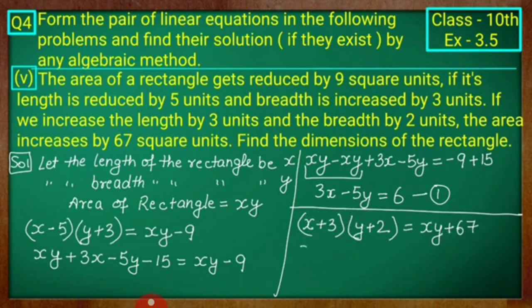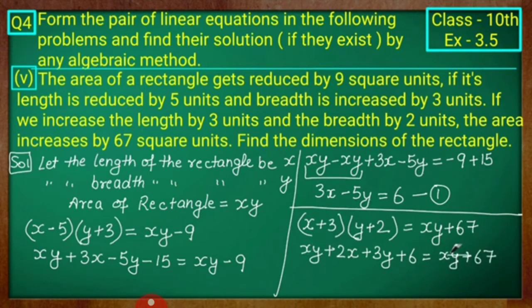On the same pattern we simplify this equation also. x is multiplied by y, xy, and x multiplied with 2 is 2x, plus 3y plus 6, is equal to xy plus 67.